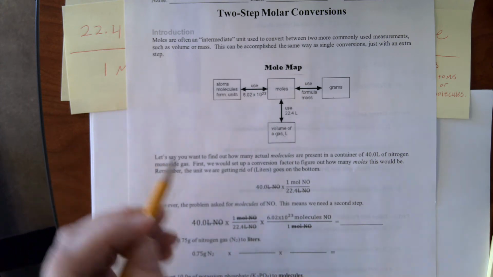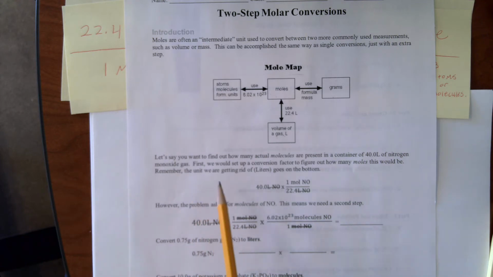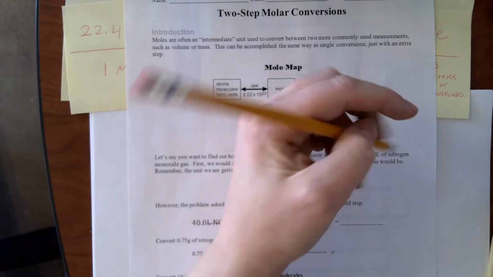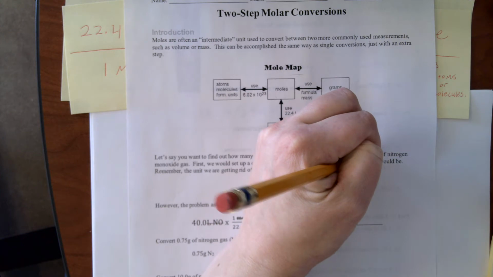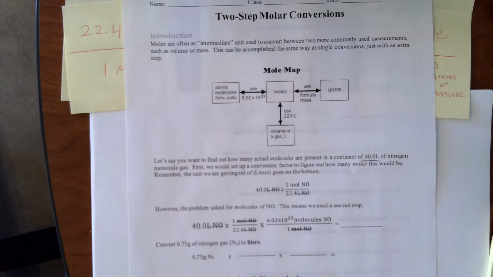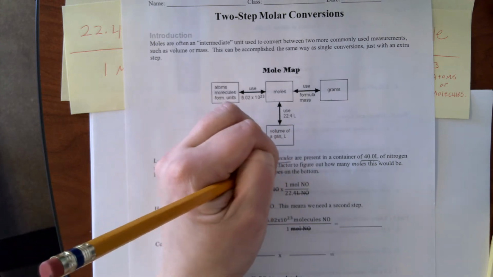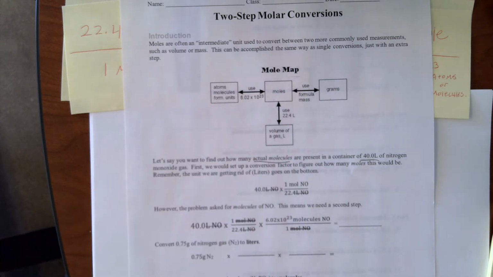So in our first example here, it says that you are given a 40-liter canister of nitrogen, and they want to find out how many actual molecules of nitrogen gas there are in those 40 liters. Okay?